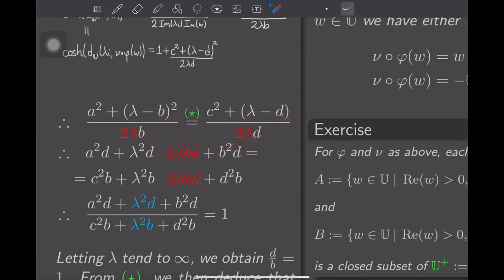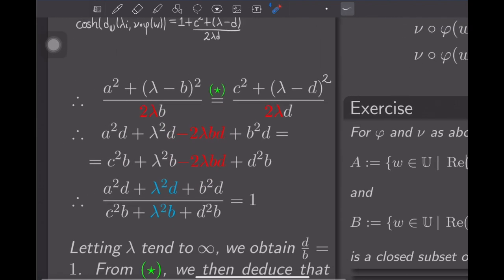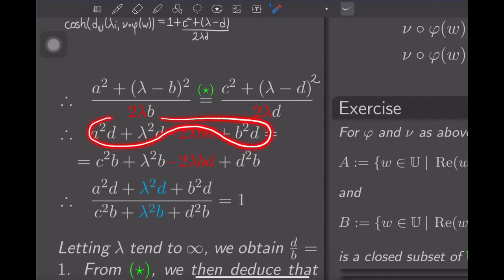So here with this d, what I obtain is minus 2 lambda b d, and here there should be a square. And with this b, here what I obtain is minus 2 lambda d b. So in both sides I have this, so I can cancel it. So what I obtain is this equal to this.